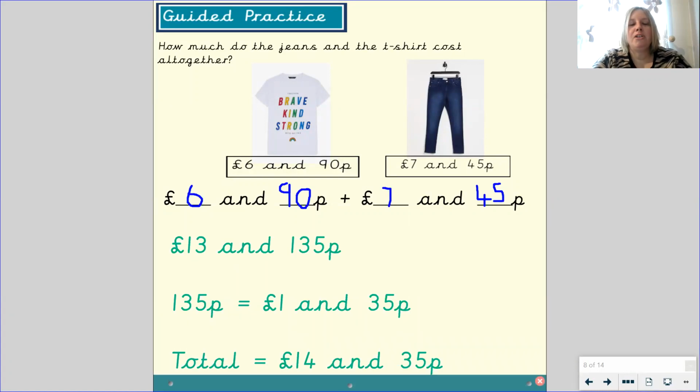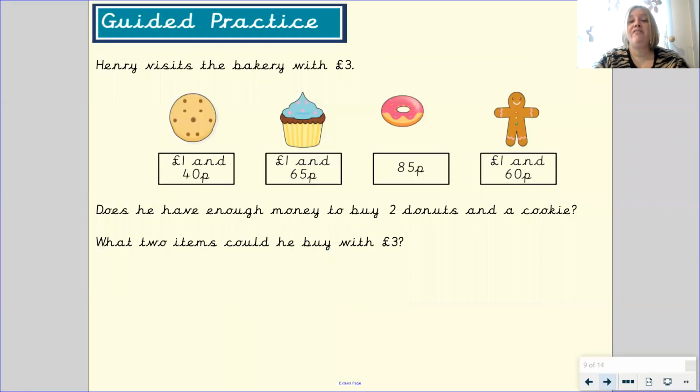Altogether, the total is £14 and 35p. It is £14 and 35p because £13 add £1 is £14. And we've got our 35p here to give us £14 and 35p.